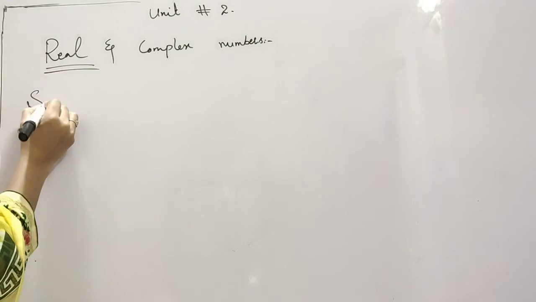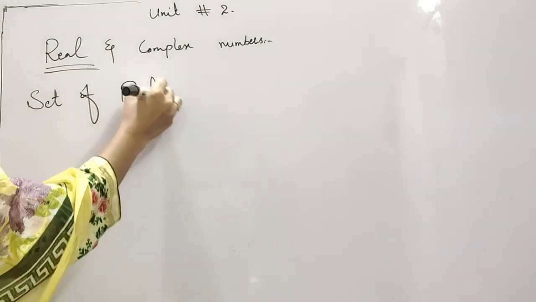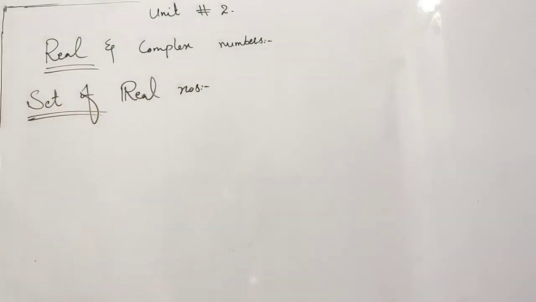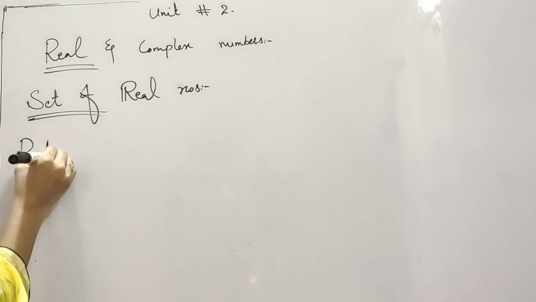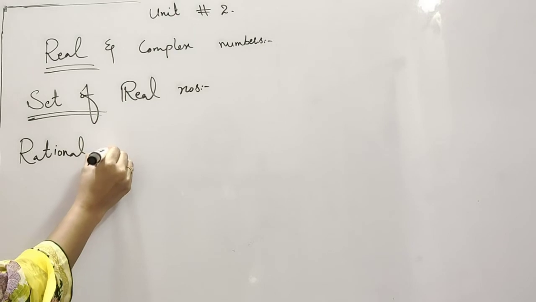Now the set of real numbers. First we recall the rational and irrational numbers. What are the rational numbers? To learn about the real numbers, we should know what the rational numbers are.